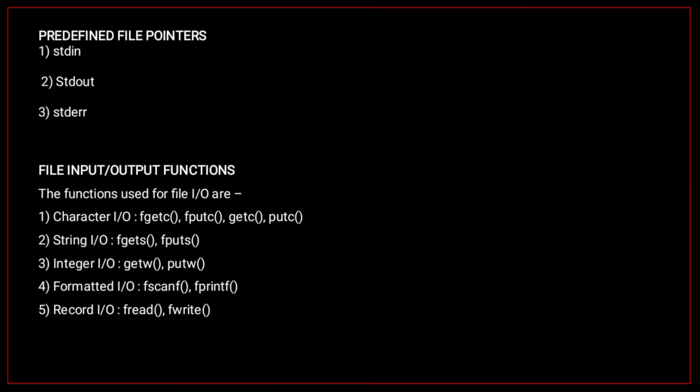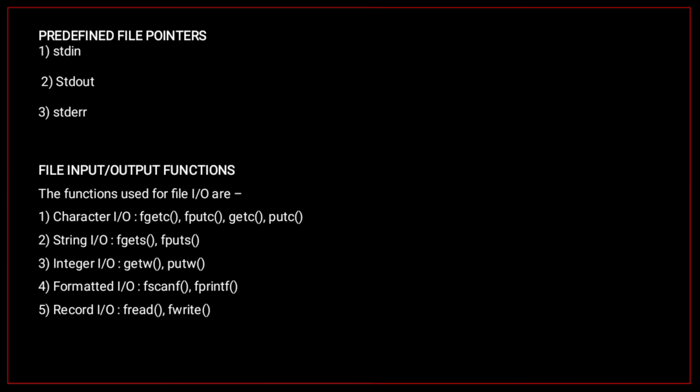Now next is file input and output functions. Now this table shows the functions used for file input output. First is character input output. The functions are fgetc, fputc, getc, and putc. These functions are used for character input output. Next, string input output.